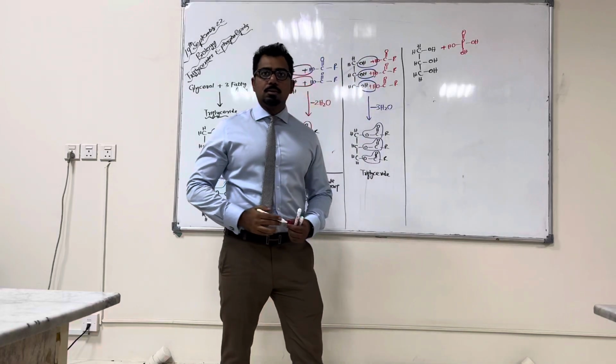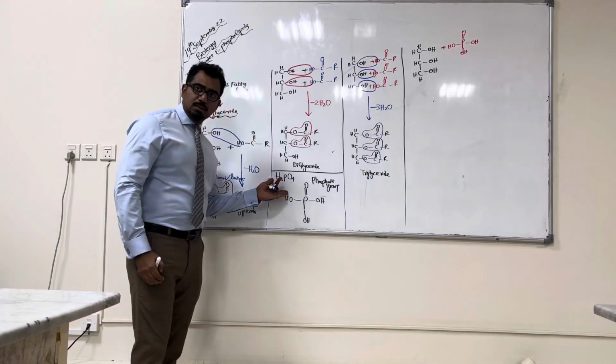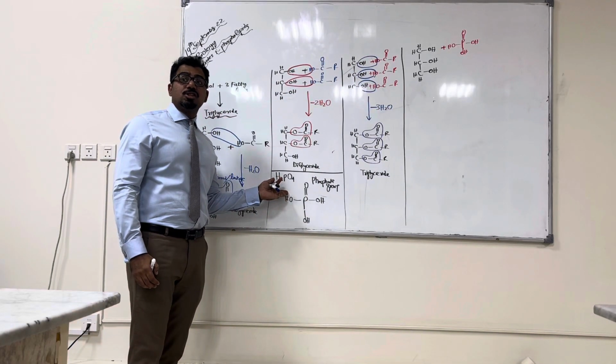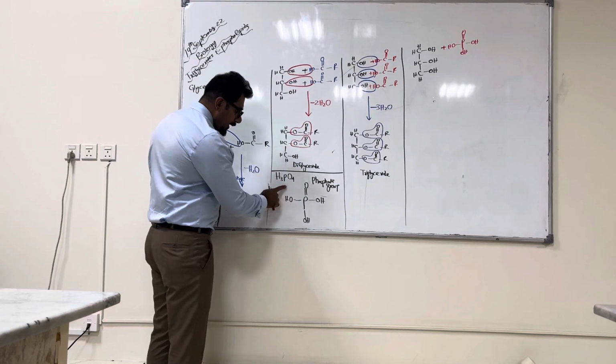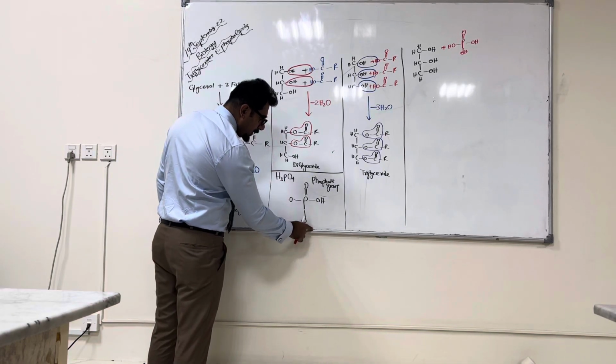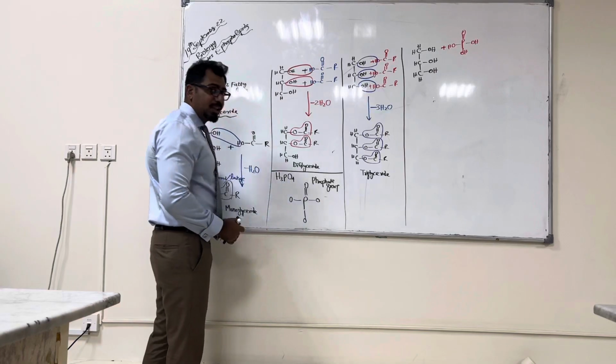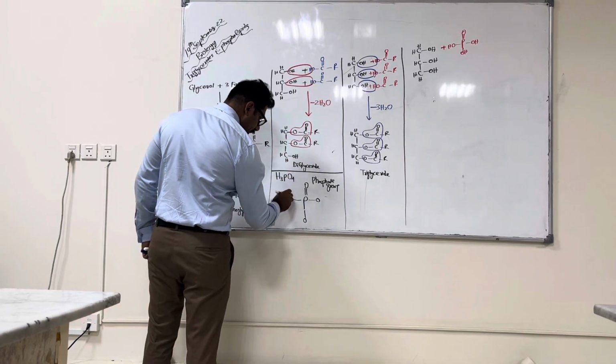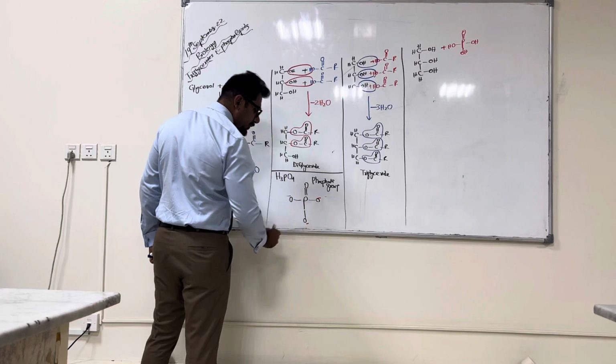What is called the phosphate group? This phosphoric acid, H3PO4. If I remove this hydrogen, this hydrogen, I can represent it like this.